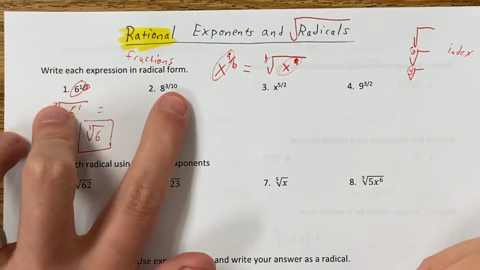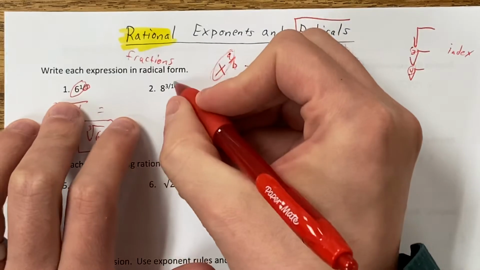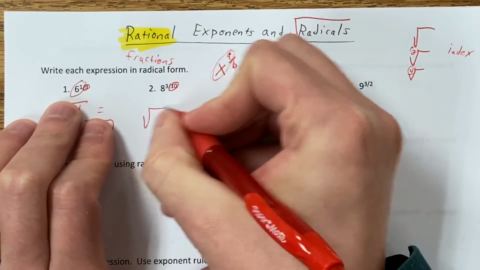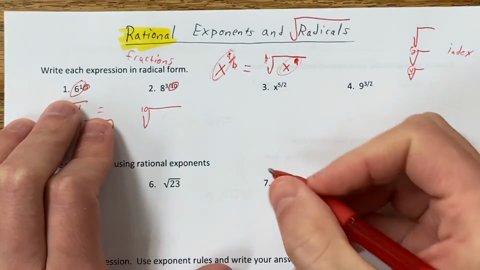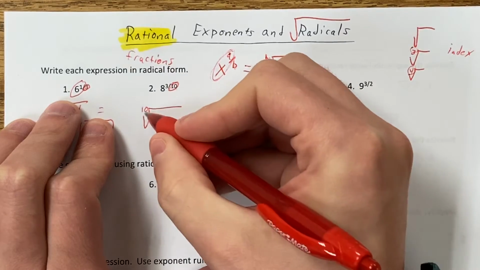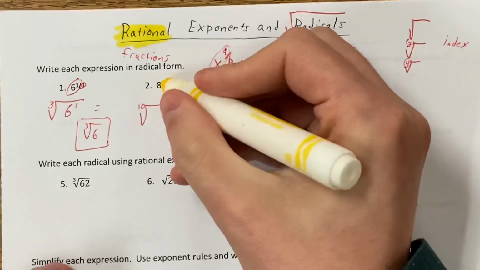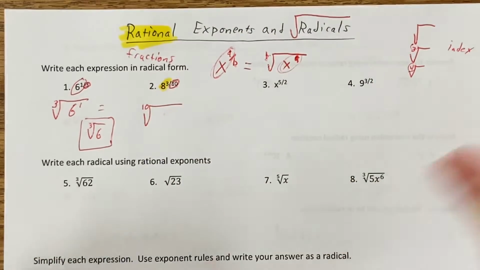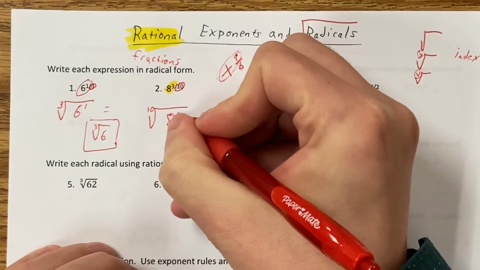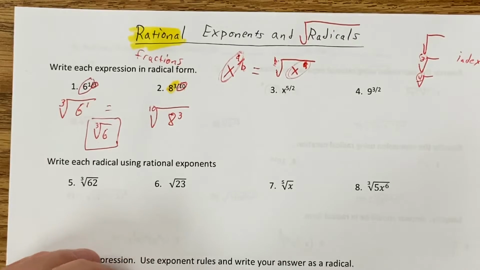If I had 8 to the 3/10, then same thing. 10 is the number in the bottom, so it's going to be the 10th root. Bottom number becomes the index. And then the other part, 8 to the 3rd, is just going to stay 8 to the 3rd. And that's all we're doing for now, converting.